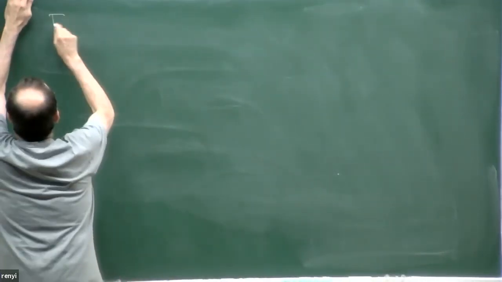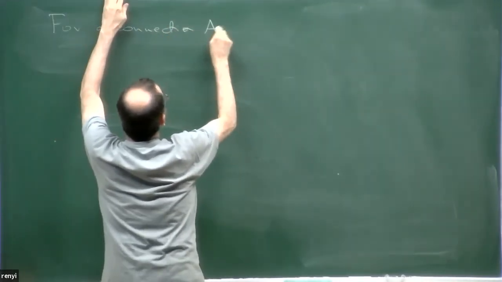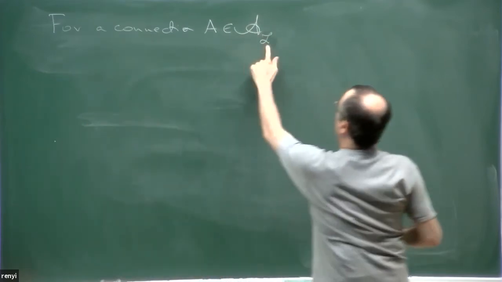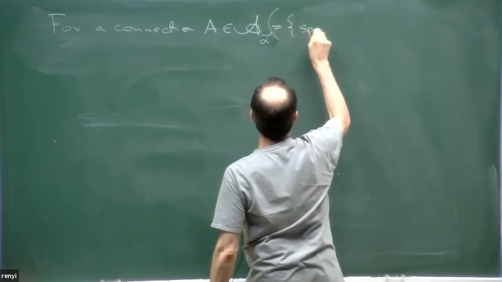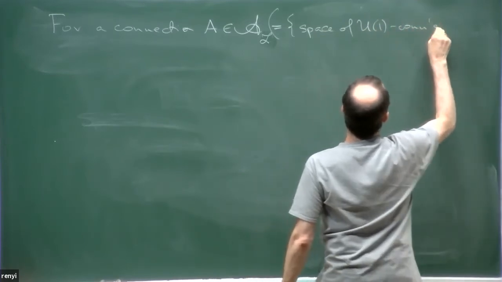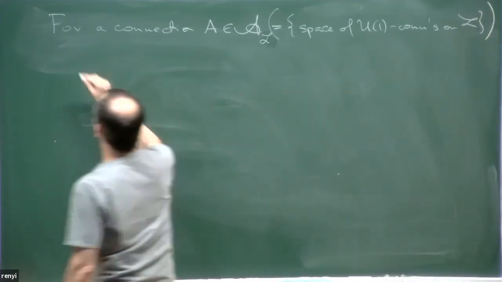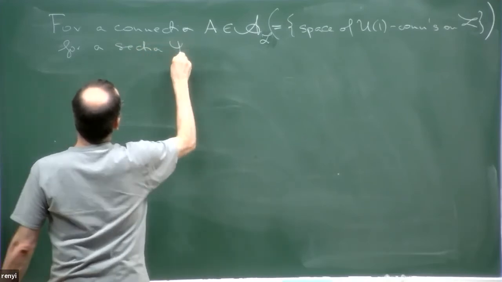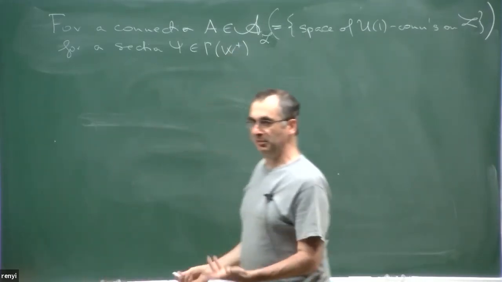So for a connection A, let script A_L denote the space of U(1) connections on L, and for a section psi of W plus, we can write down a very simple equation.